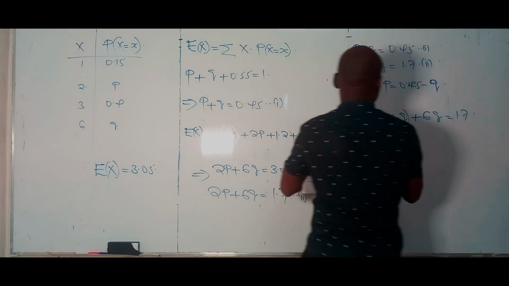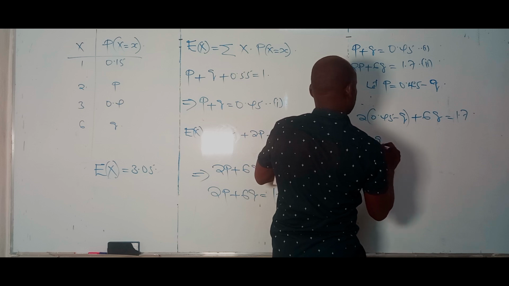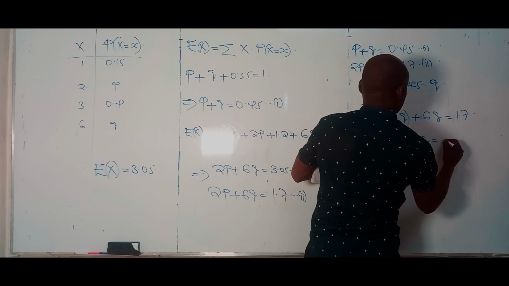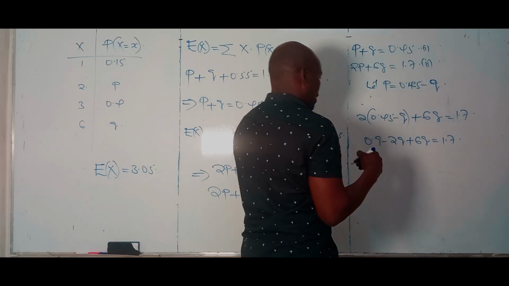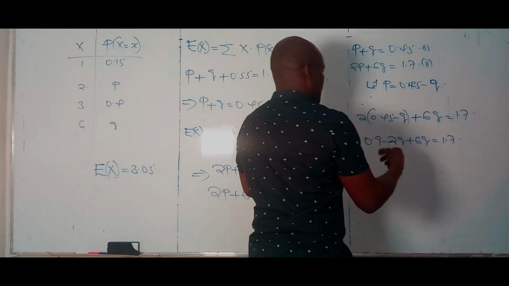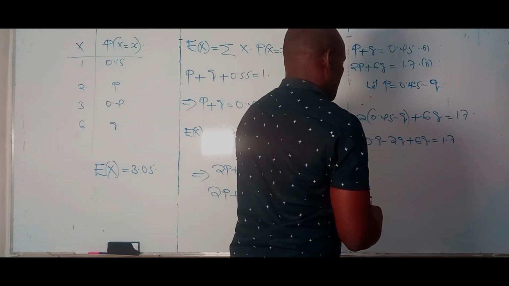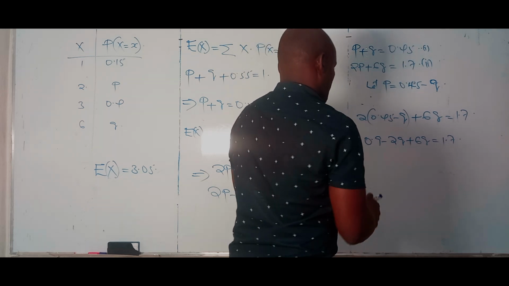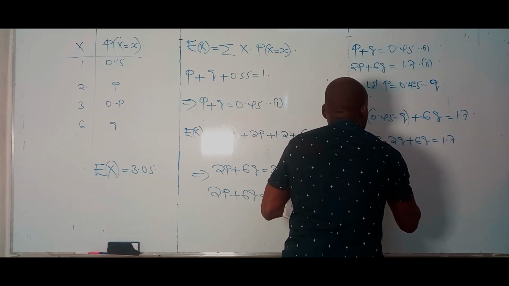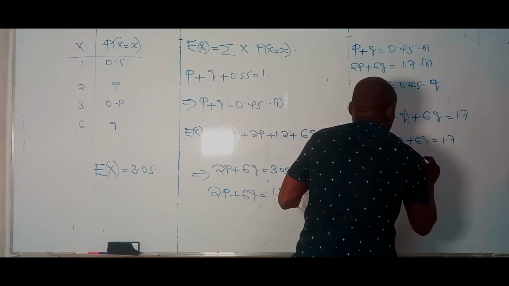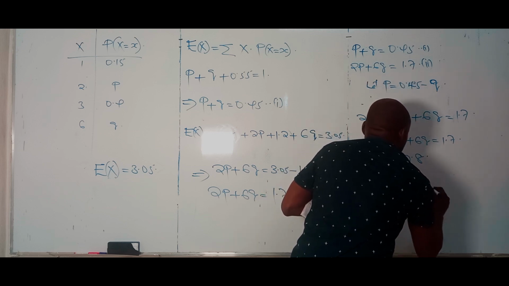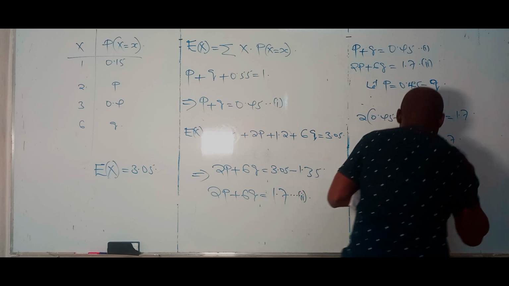So opening the bracket, this gives me 0.9 minus 2q plus 6q is equal to 1.7. So collecting the like terms, 1.7 minus 0.9 gives me 0.8. So I have 6q minus 2q, so 4q is equal to 0.8, implying that q is 0.8 divided by 4, which is 0.2.